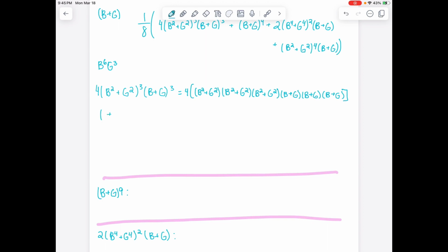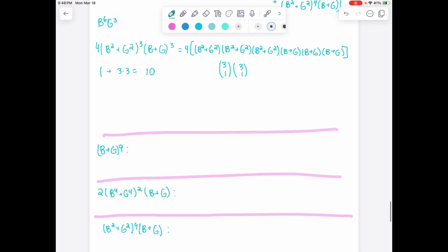And then plus, we could do choosing one of these to give us g squared. So that would be 3 choose 1. And then times one of these to give us g, 3 choose 1. And then the remaining 2 b's, whichever 2 give us the b's, they'll just fall into place. So that's 1 plus 3 times 3 equals 10.